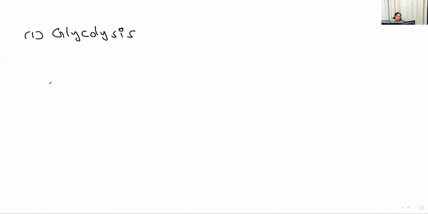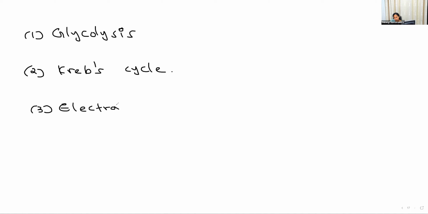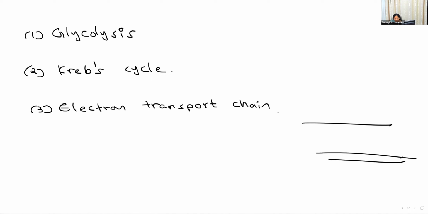How many ATPs in glycolysis? How many ATPs in Krebs cycle? How many ATPs in electron transport chain? Can you calculate the total?